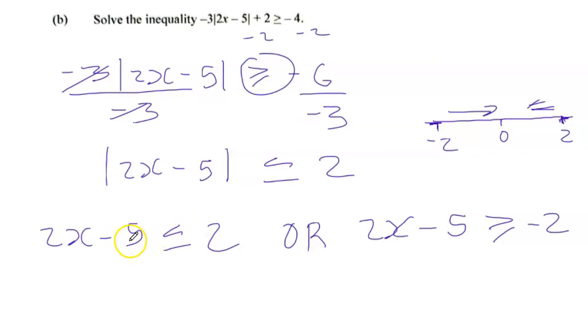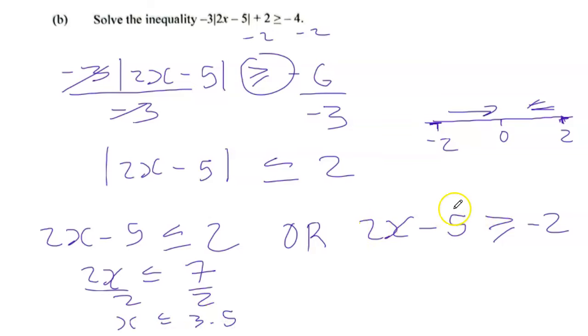So if we add 5 to both sides, we'll end up with 2x is less than or equal to 2 plus 5, that's 7. Divide both sides by 2. So x is less than or equal to 3.5. Over here, again, add 5 to both sides, we end up with 2x being greater than or equal to -2 plus 5, that's +3. Divide both sides by 2.